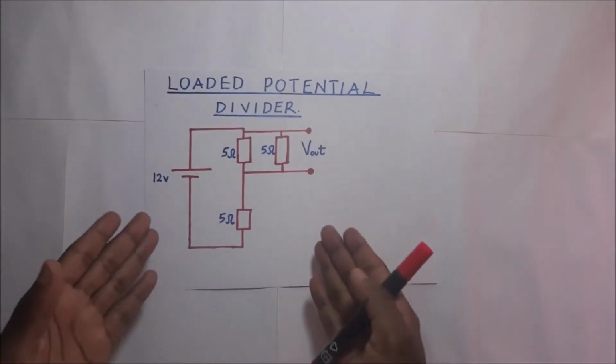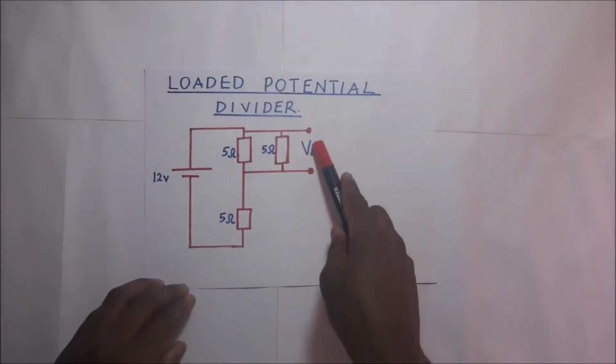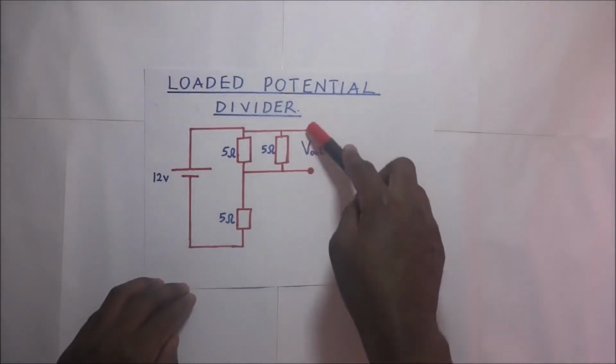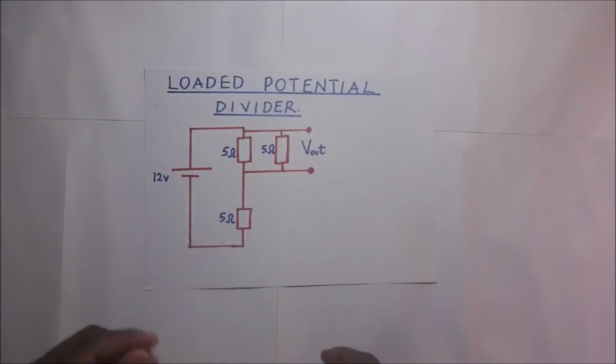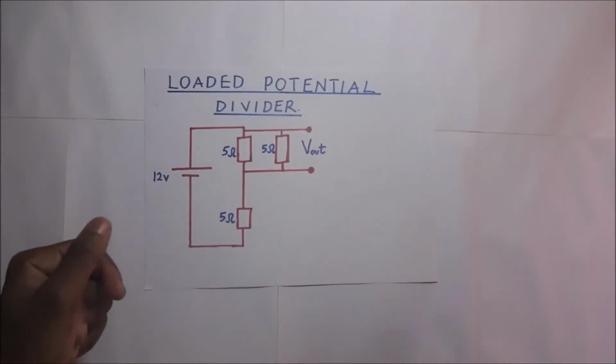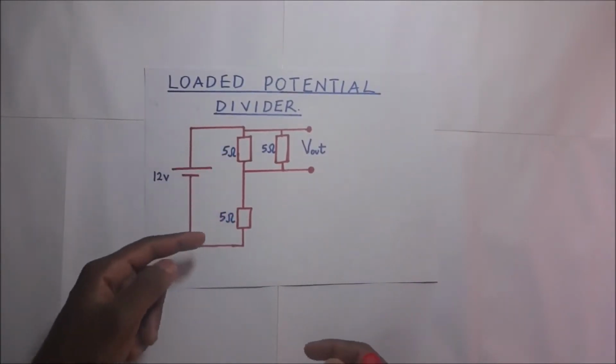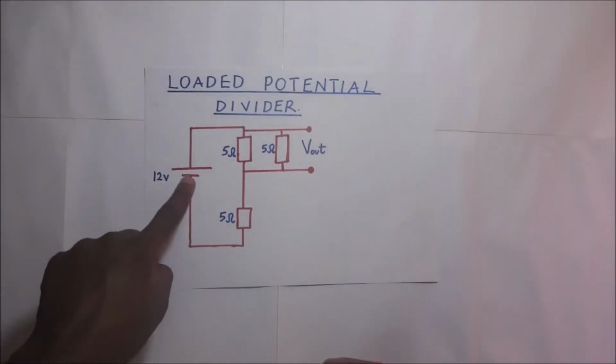So in this circuit diagram, we are going to find the voltage output at this terminal. The procedure will be like we've been doing before. We are first going to find the current that is being produced here.